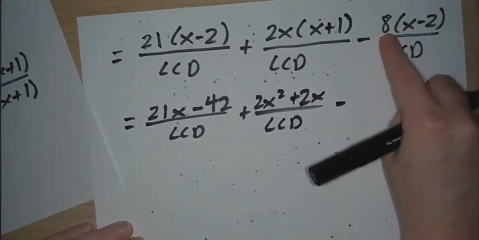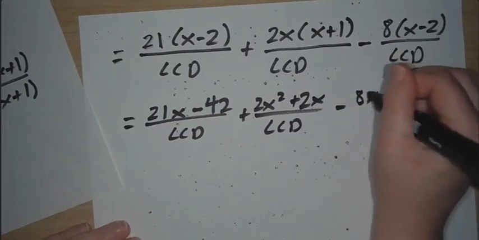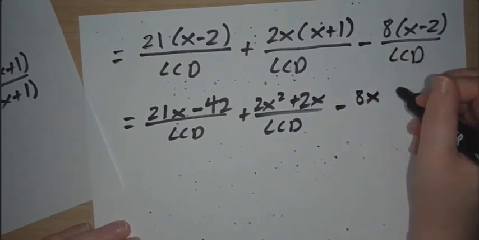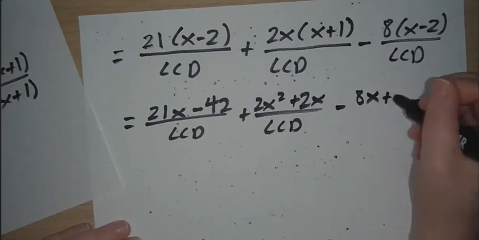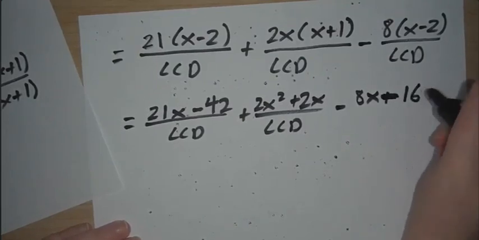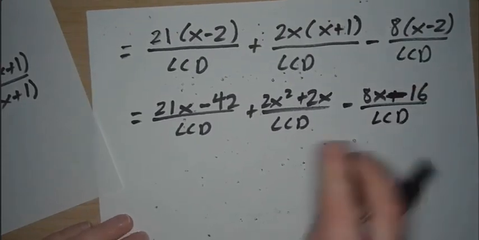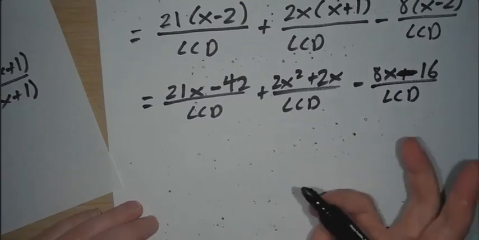And then minus 8 times x times negative 2, so we get 8x, and subtraction, 16 over our LCD. And because all of these are the same, we can rewrite it as a giant fraction.